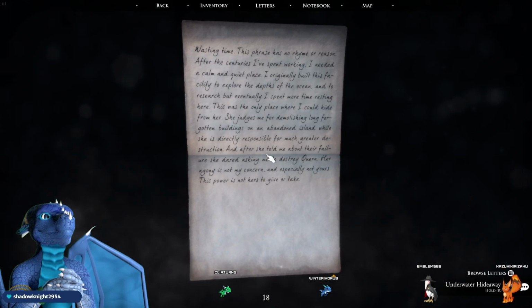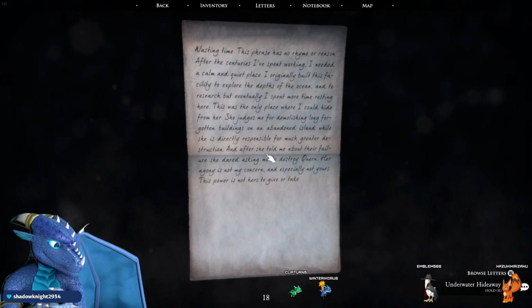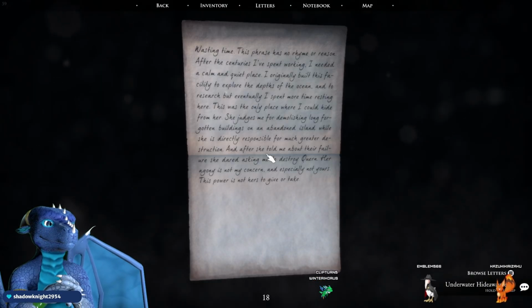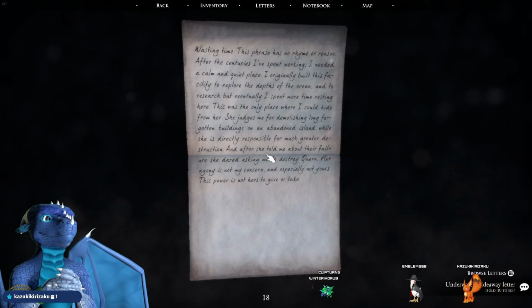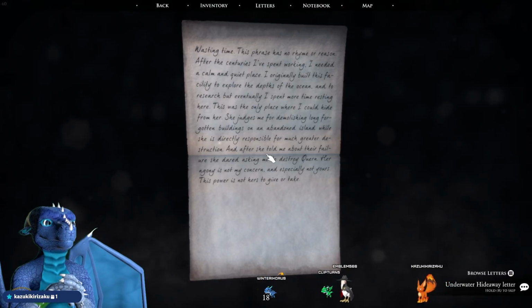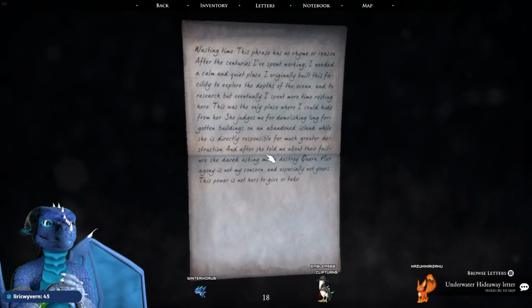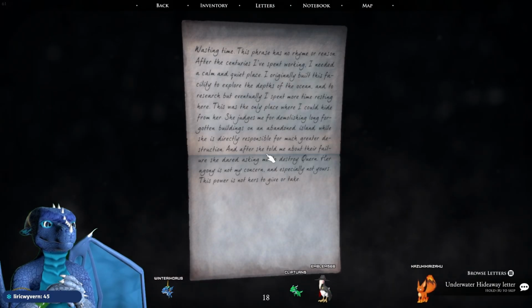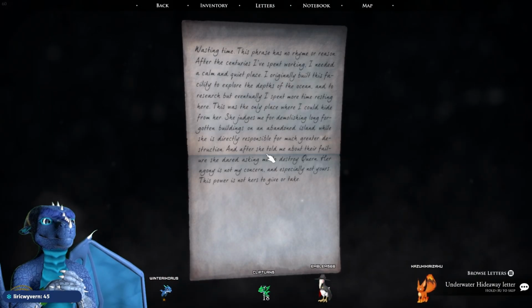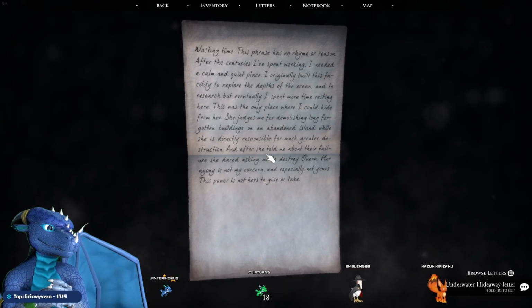She judges me for demolishing long-forgotten buildings on an abandoned island, while she is directly responsible for much greater destruction. And after she told me about their failure, she dared asking me to destroy Quern. Her agony is not my concern, and especially not yours. This power is not hers to give or take.